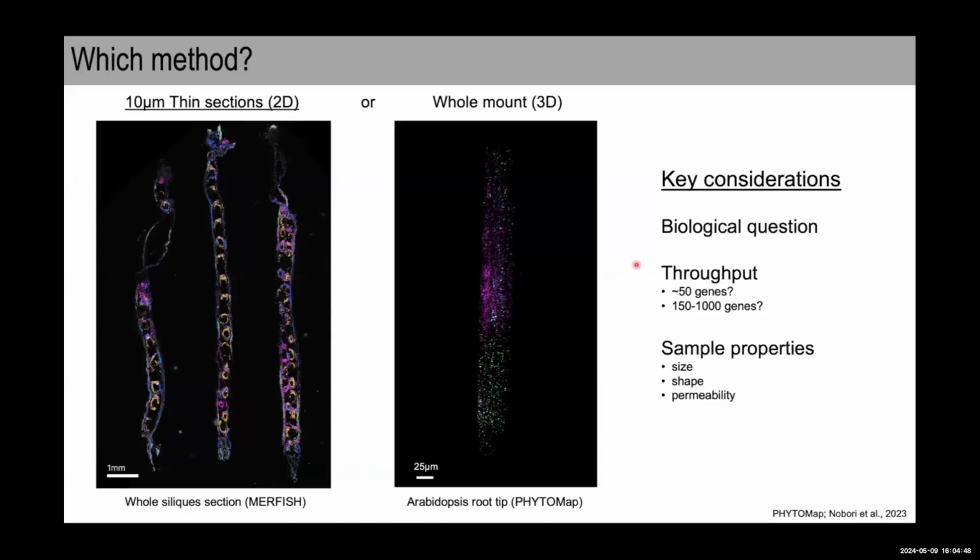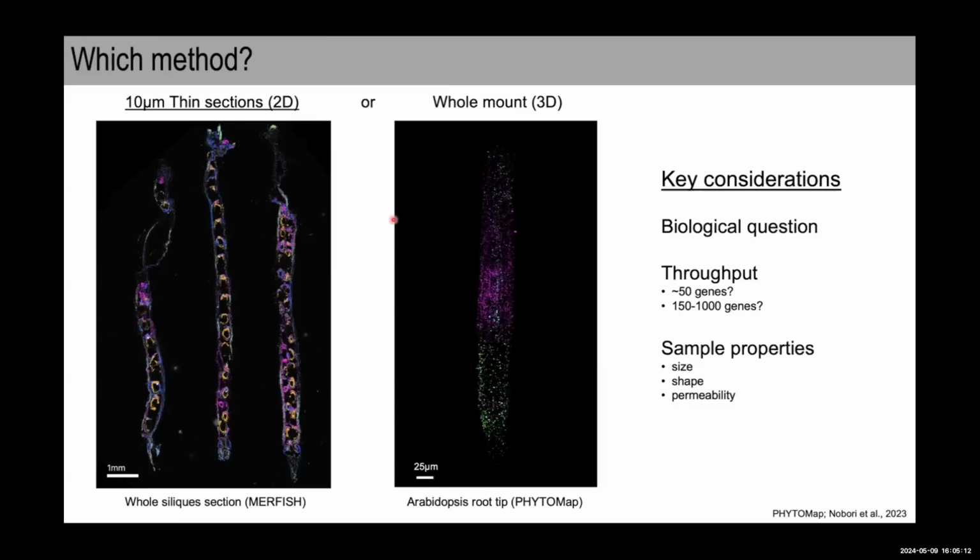And today I'll be focusing just on techniques that utilize these thin sections or two dimensions of your plant development. But there are other methods available that enable multiplexed imaging or analysis of individual transcripts, such as PHYTOMap, among other whole mount methods that are coming out on bioRxiv and in publication.